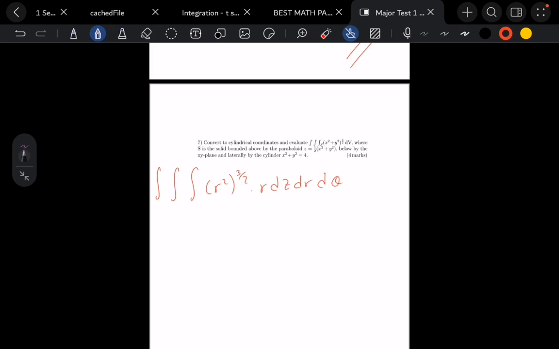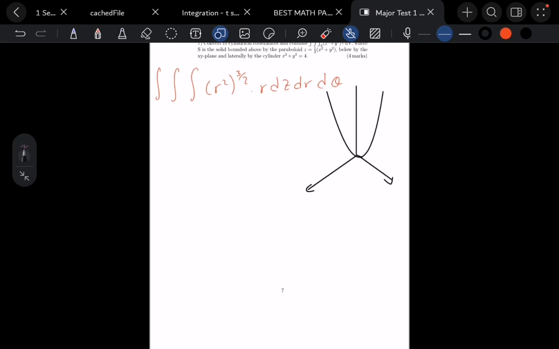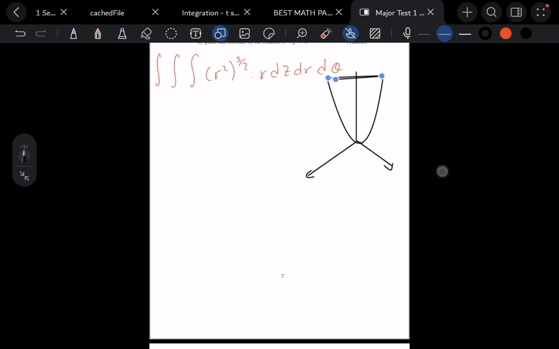So what we have here, if you have a 3D picture, you have your paraboloid.